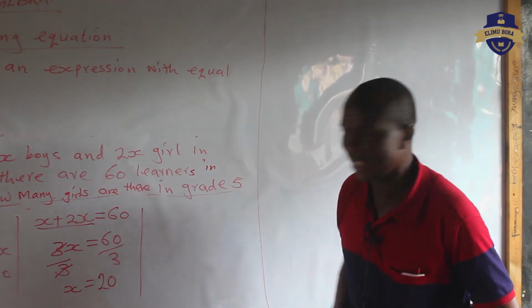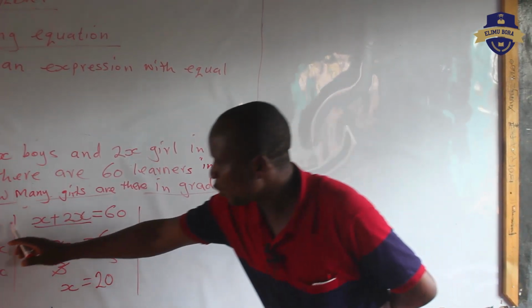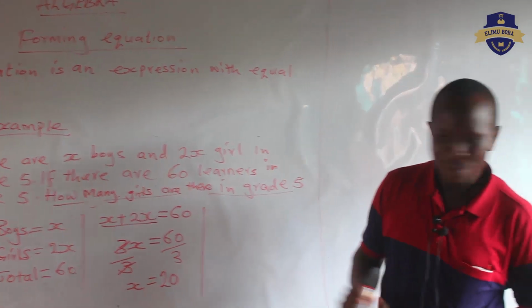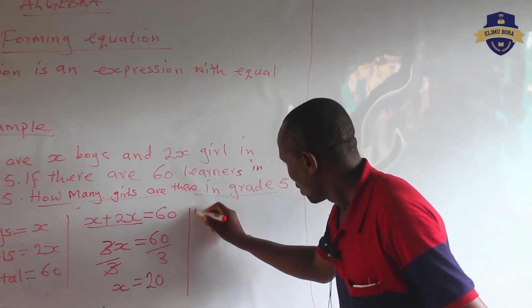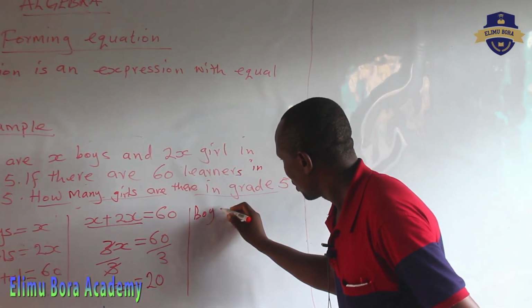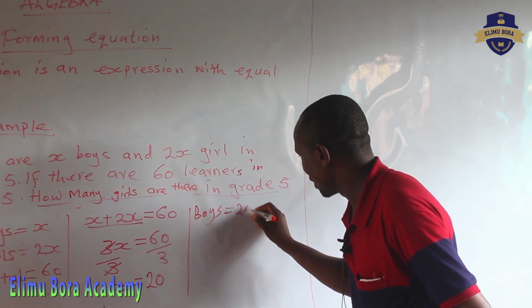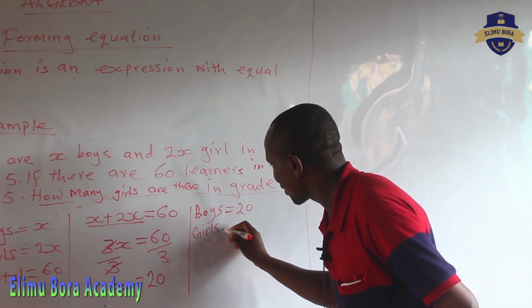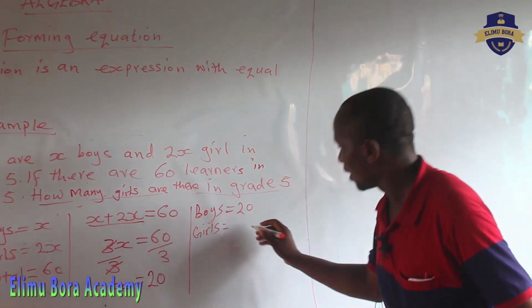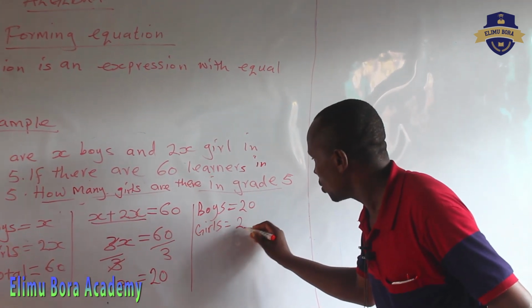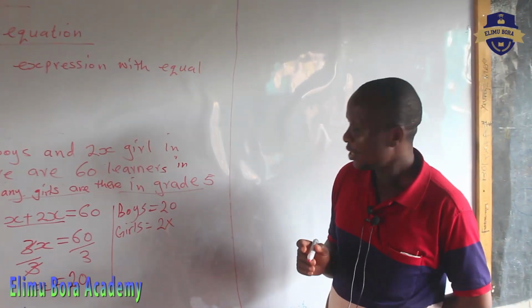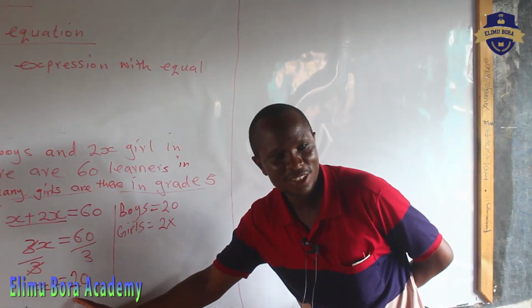X will be 20. Then X was boys. We said the number of boys was X, meaning boys is equal to 20. Then girls is equal to 2 times X. What is the value of X?